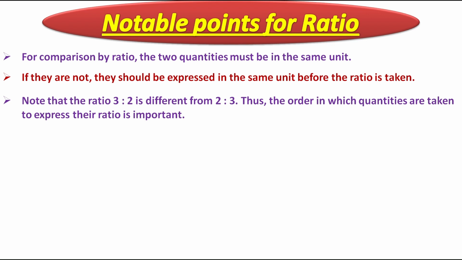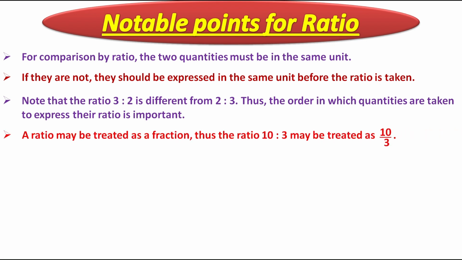So here there is a difference. If I took apple first, then 5 will come first. If I took mango first, then 25 will come first. So they are different from each other. The ratio 3:2 is different from the ratio 2:3. You have to remember that too.